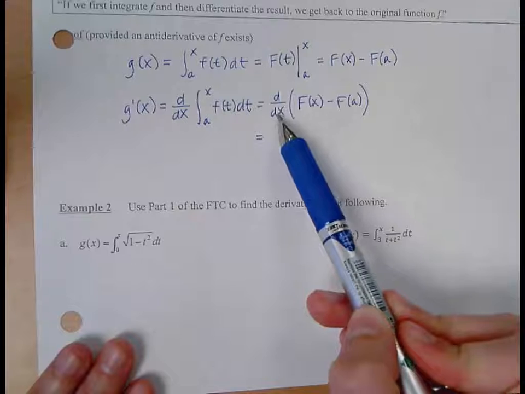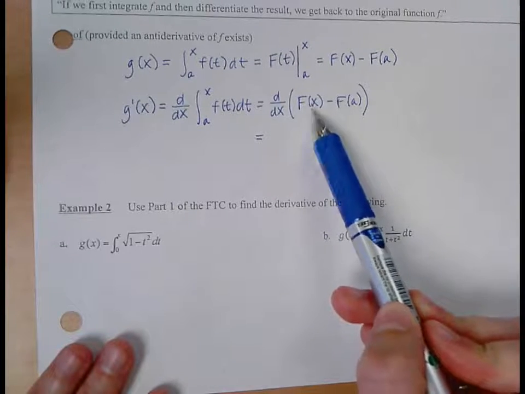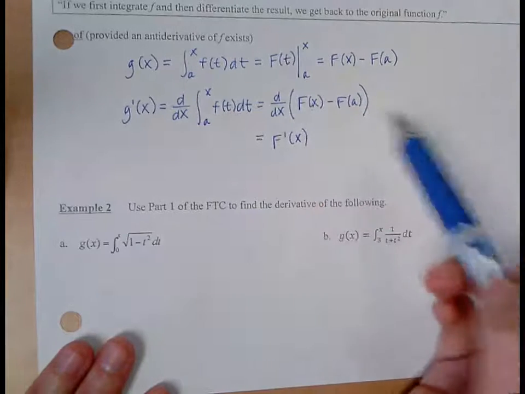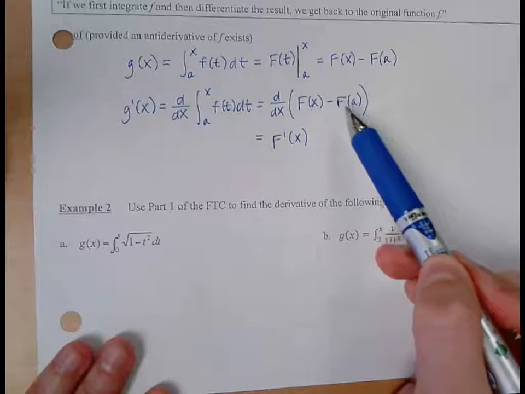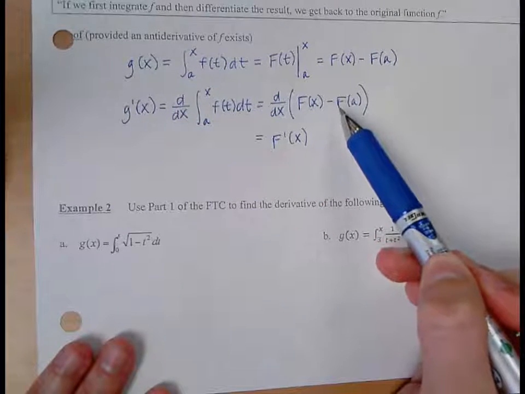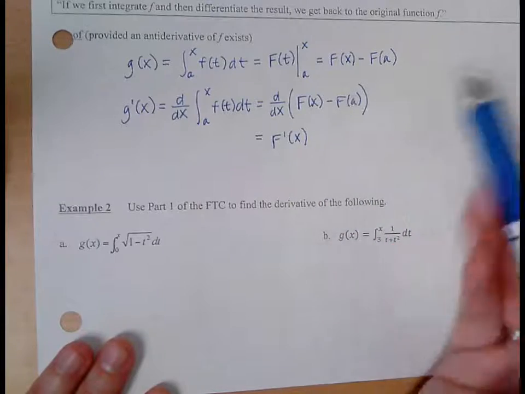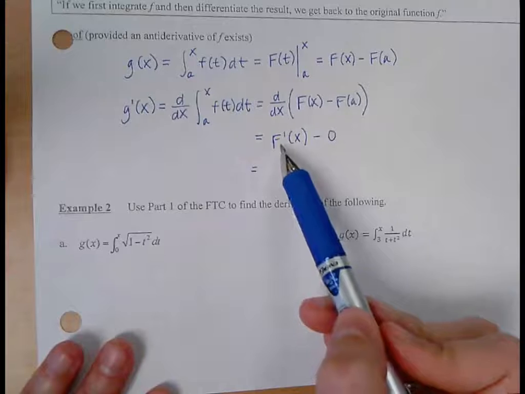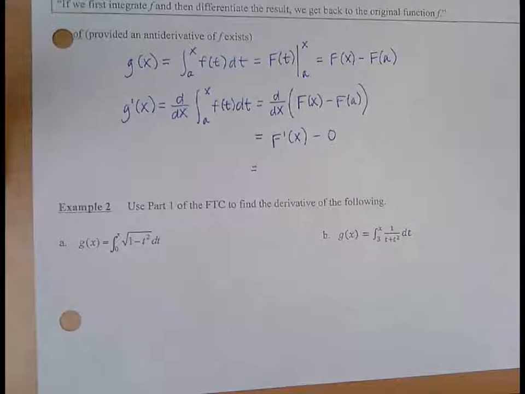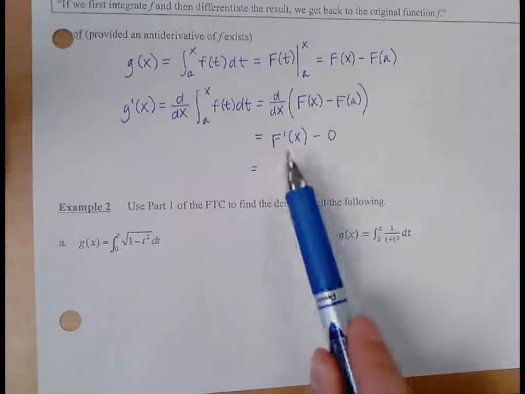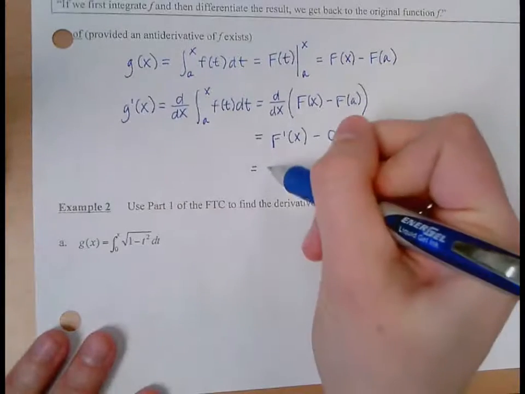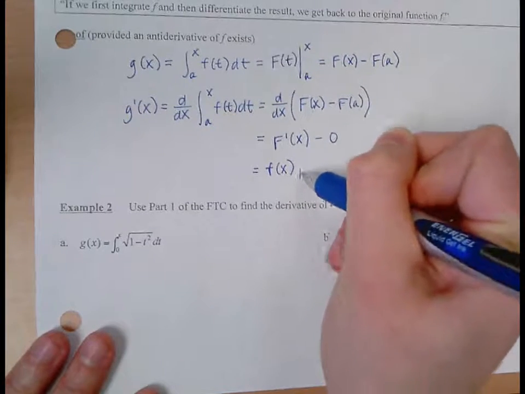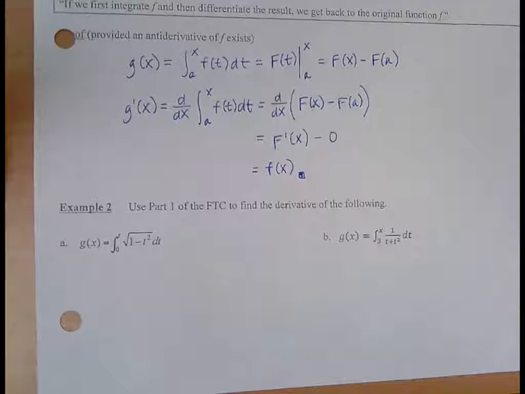And so then the derivative of capital F of x is capital F prime of x. F of a is a constant, so the derivative of a constant is 0. And then capital F is always defined to be the antiderivative of little f, so capital F prime is just little f of x. So that's showing how we're getting to just f of x.